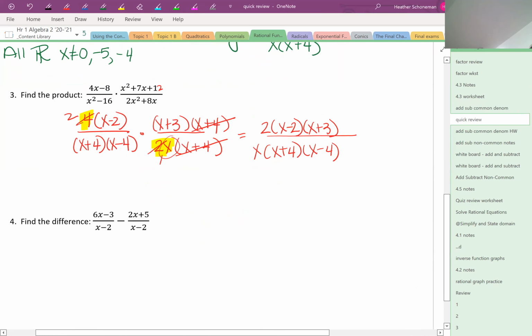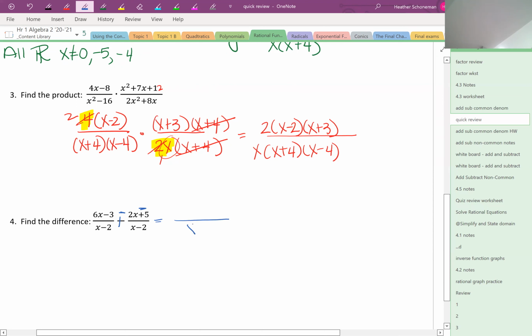Now compare this to what we just did. What we just did was adding and subtracting. Adding and subtracting, when the denominators are the same, we just add and subtract. We're not doing anything. So because it's a minus, I'm going to change this to a plus and then change the sign of everything in the top right. Okay, now I can combine them.